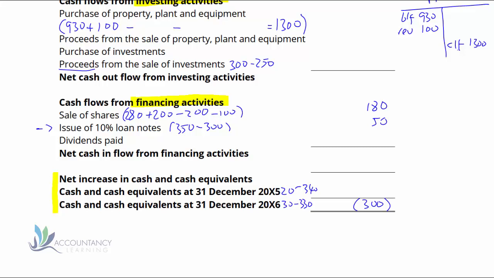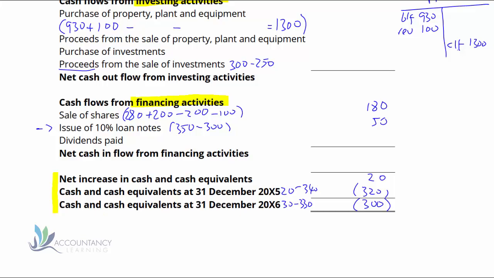That gives us, at the end of last year, cash and cash equivalents of negative 320. So that tells us, if we just work backwards, that there's a total increase of 20 in cash and cash equivalents during the year. So that's our cash and cash equivalents.